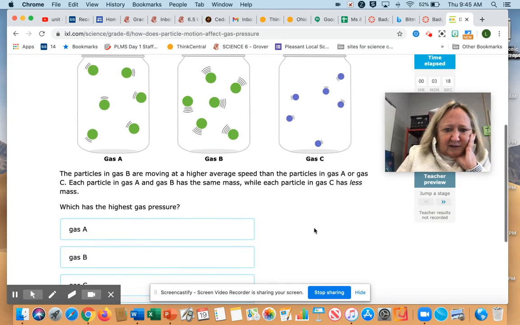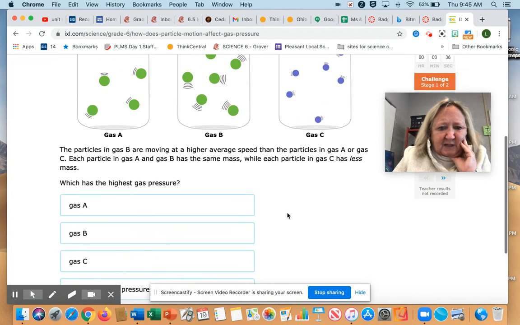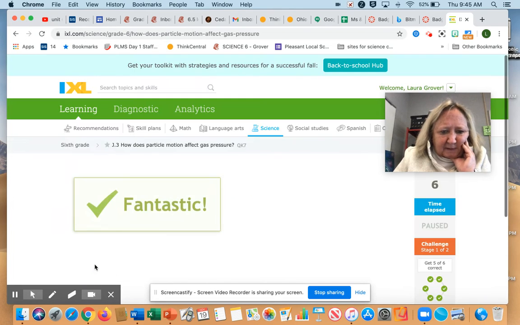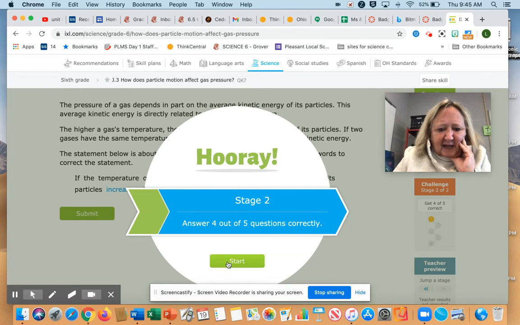So now this is a tough one. B is moving the fastest. Okay. But A and B have the same mass, but C has the less mass. So the fastest is B, so the highest pressure is going to be B. All right. Okay, next stage.